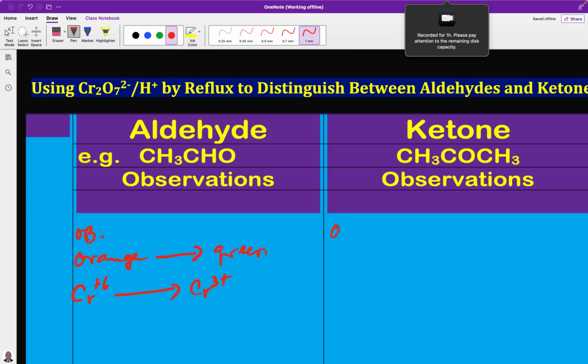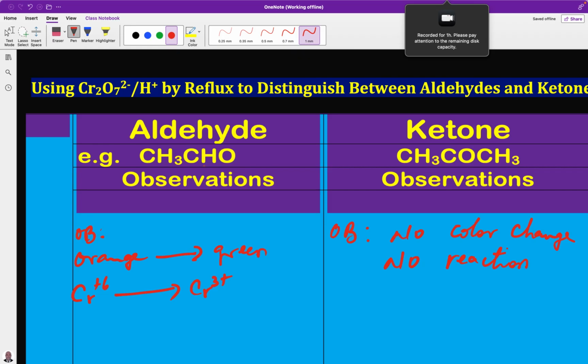With acetone, our observation is no color change and no reaction. So we can now conclude that only aldehyde can be oxidized by this oxidizing agent.